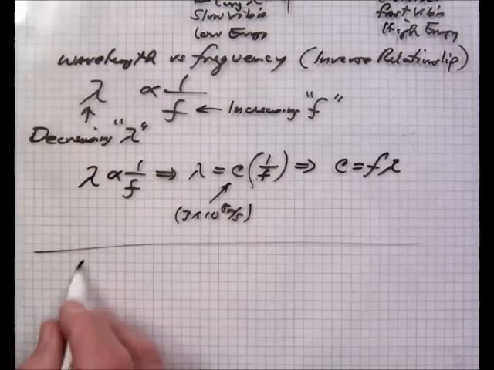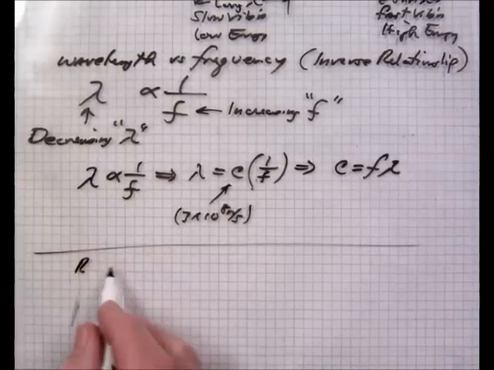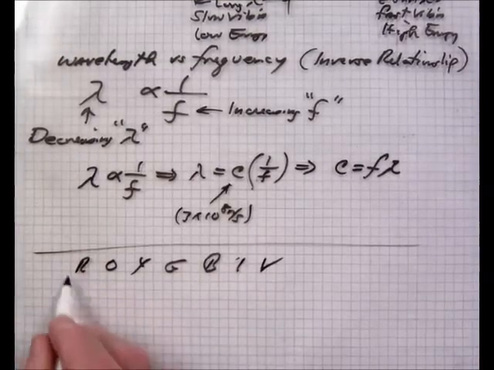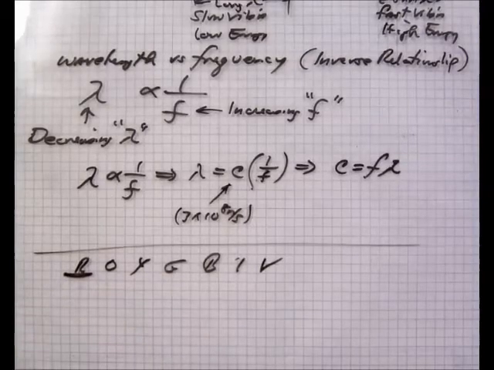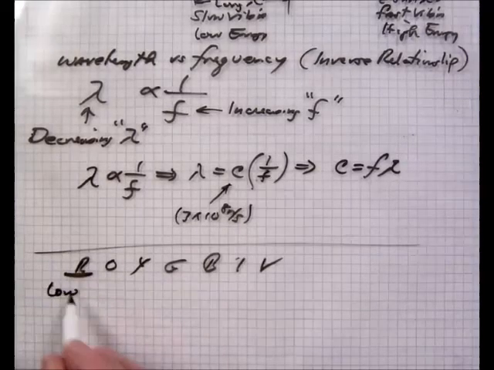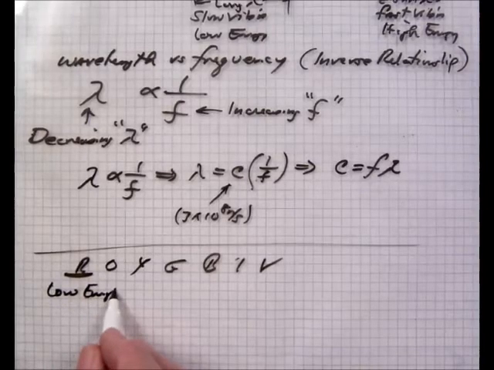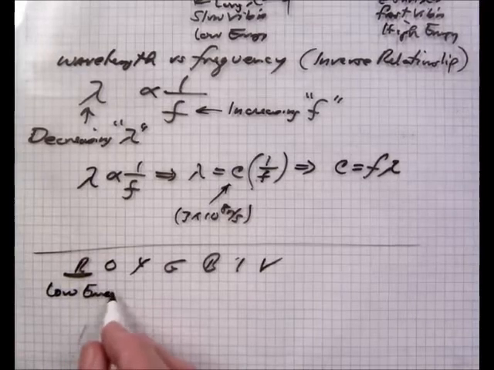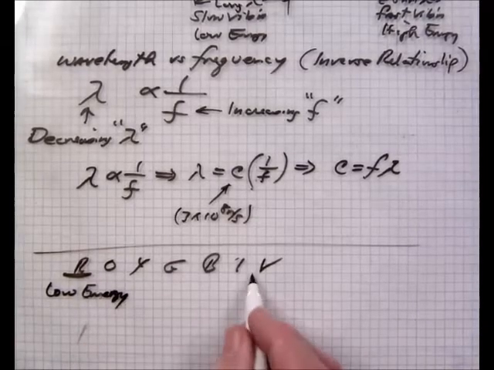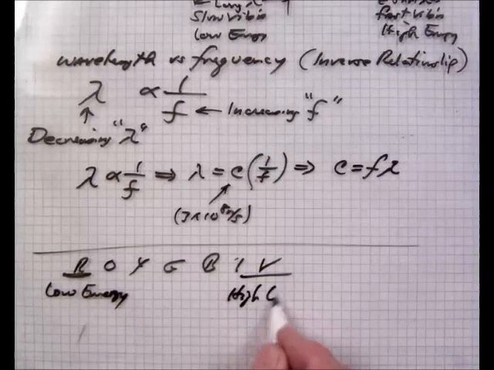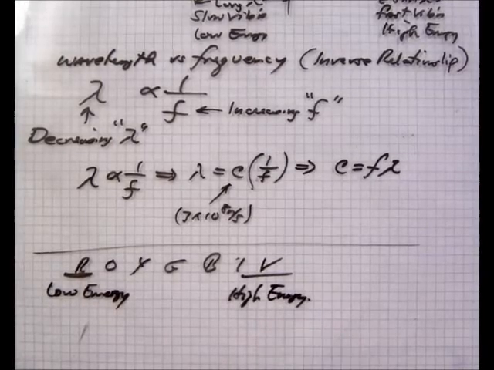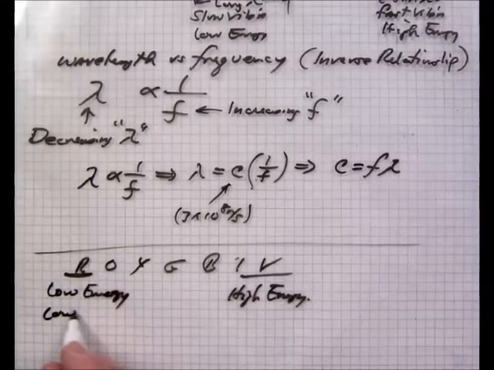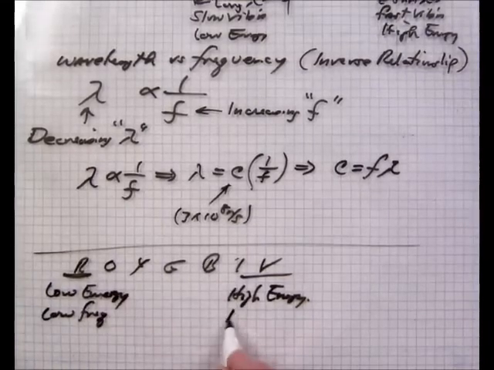If you're on the red end, ROYGBIV, you have long wavelengths and low energy. And on the violet end, you have a high energy. The frequency is low frequency, and here is a high frequency.